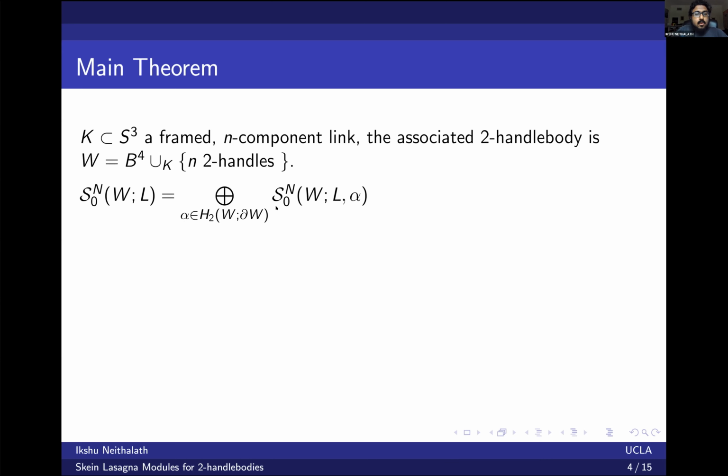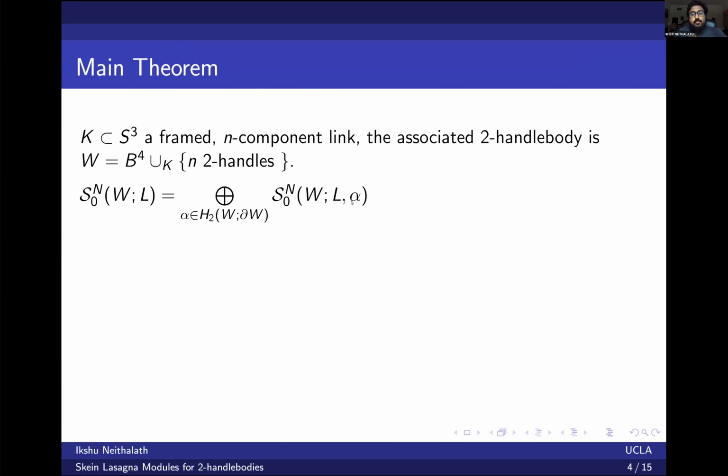So when I write this third parameter alpha in the group, what this means is the skein lasagna module where I only consider embedded surfaces whose fundamental class is equal to this class alpha in the second homology relative to boundary. Remember, the skein lasagna module is generated by embedded surfaces. So depending on the fundamental class of that embedded surface, we get this direct sum decomposition. Okay, so that's what this third parameter means.